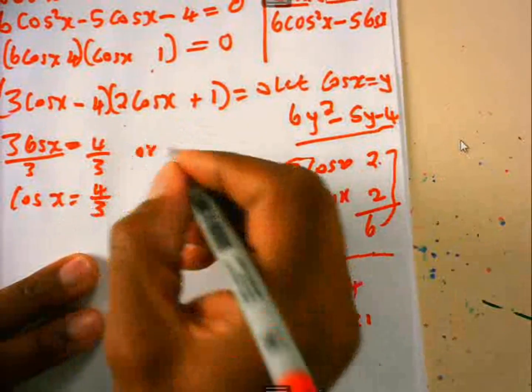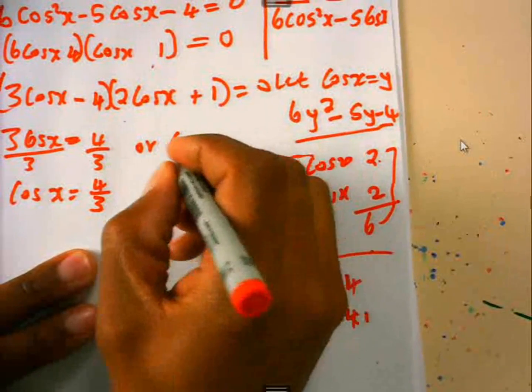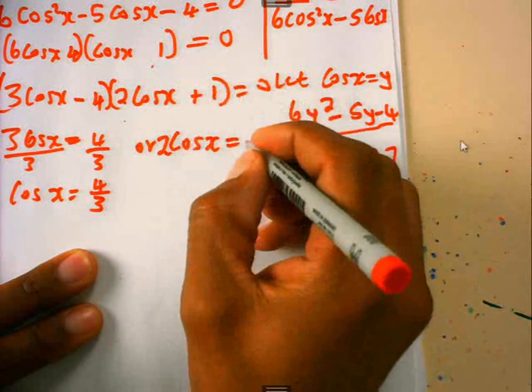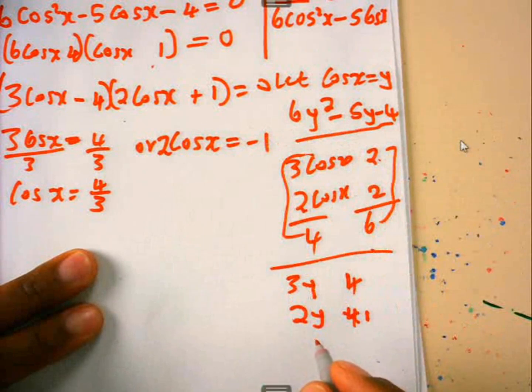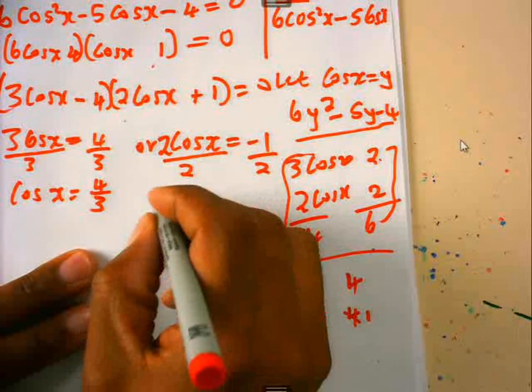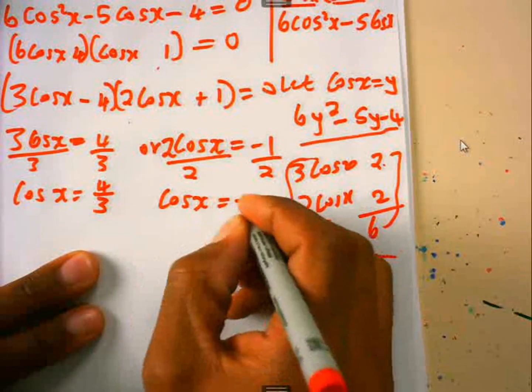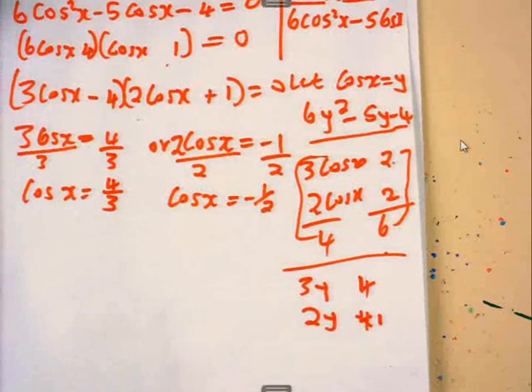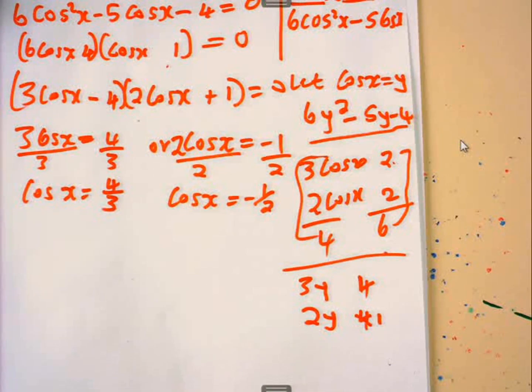Or 2 cos x is equal to negative 1, then divided by 2, cos x is equal to negative 1 divided by 2.